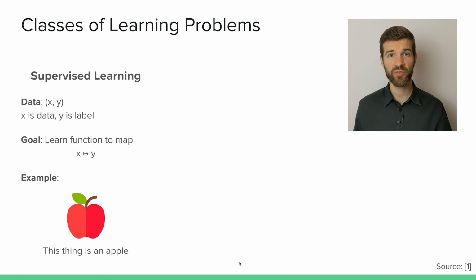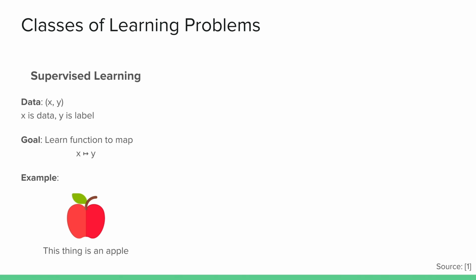So the goal of machine learning now would be to take X and learn this mapping function that takes X and maps it onto Y. For example, we show it an image of an apple and it learns to say, this thing is an apple.